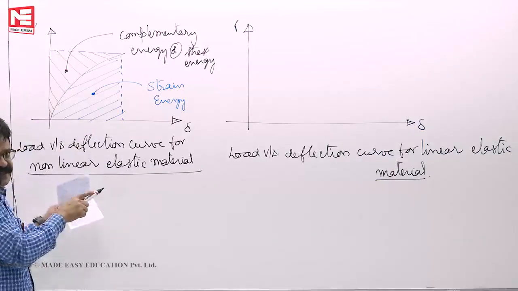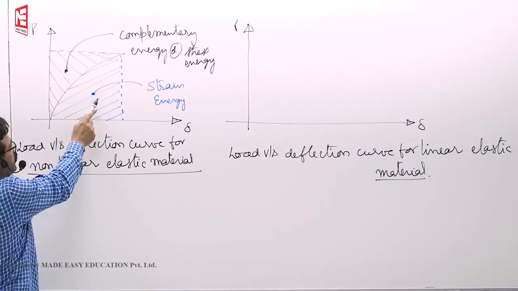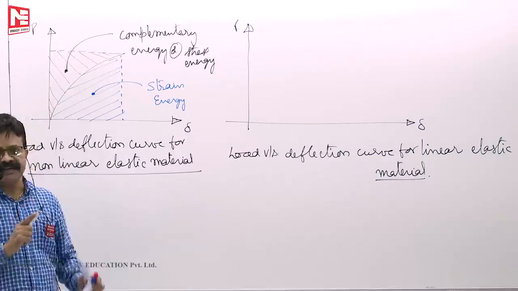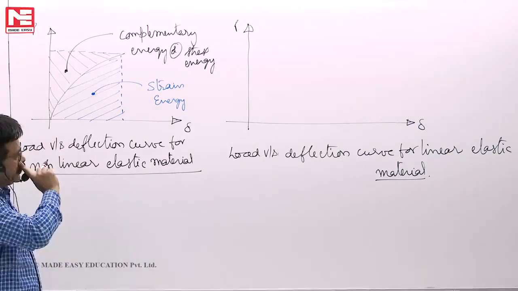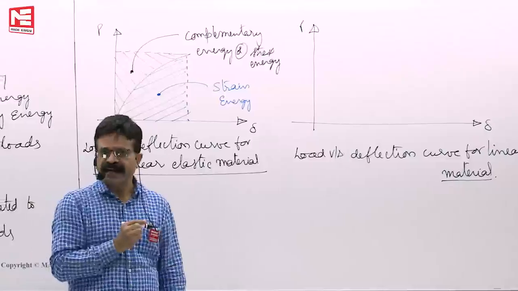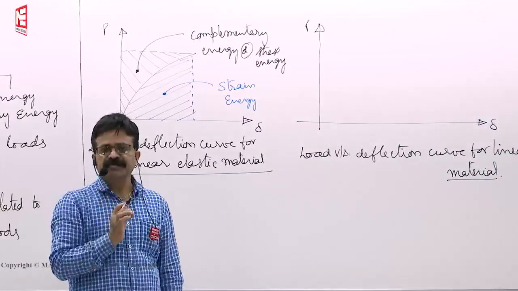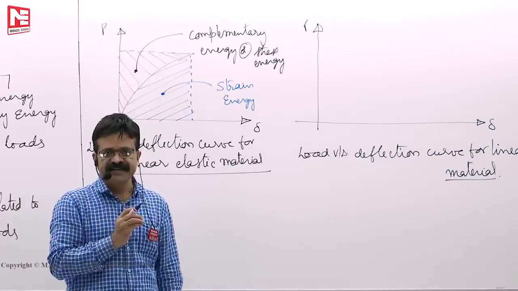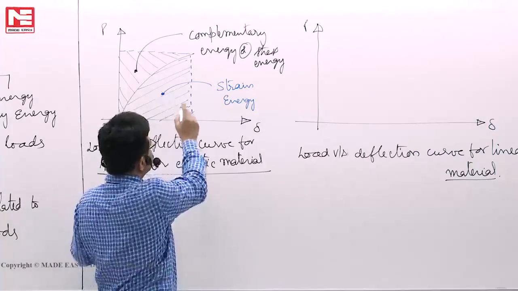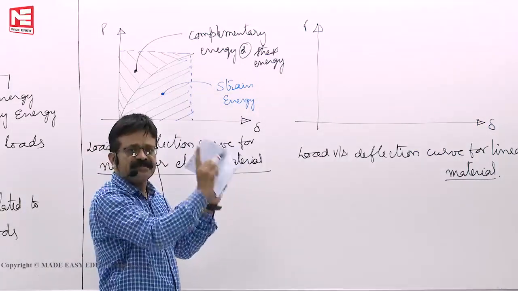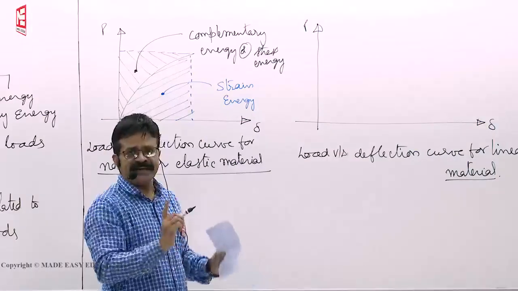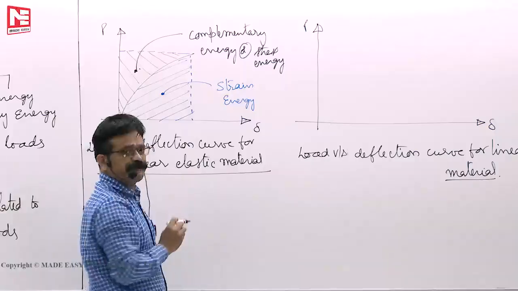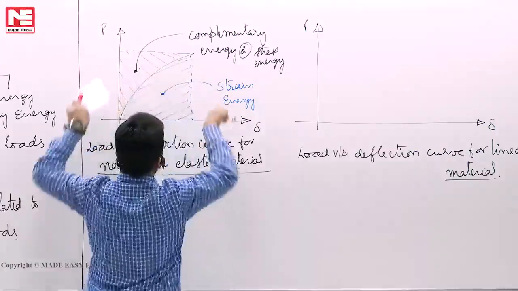In a geometric sense, if you add the strain energy area and the complementary energy area, you will get a rectangle. If you say complementary angles, what does complementary angle mean? The sum of the two angles is 90 degrees. Similar to that, complementary areas means the sum of the areas must form a rectangle. So that's why this is a complementary area to this one, because summing them you will get a rectangle.